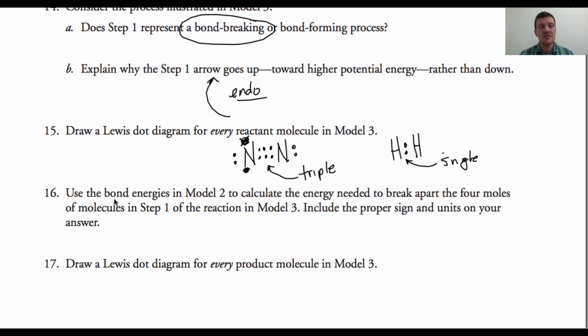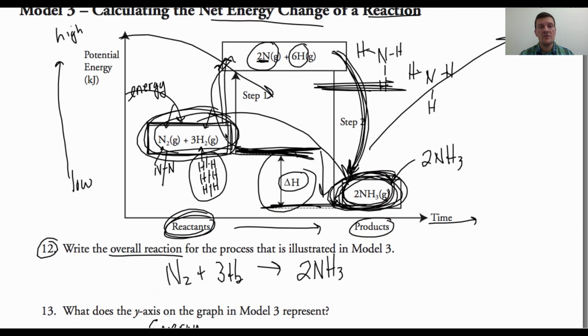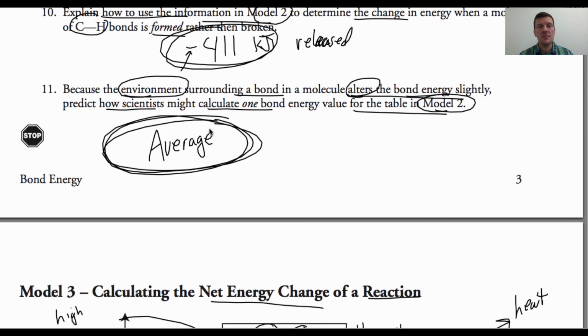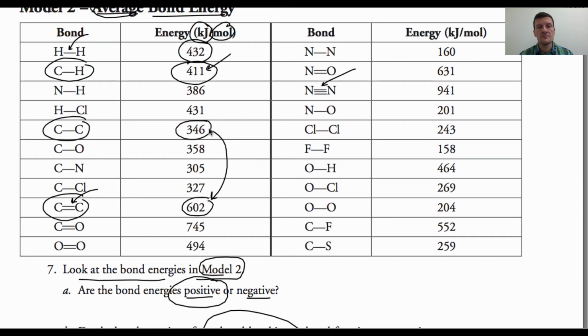Now, let's see what happens here. Use the bond energies in Model 2 to calculate the energy needed to break apart the 4 moles of molecules in step 1. Why do we have 4 moles? We've got 1 mole of nitrogen, 3 of hydrogen. Let's look back up here in our chart. Here's our triple bond for nitrogen. It takes 941 kilojoules per mole.